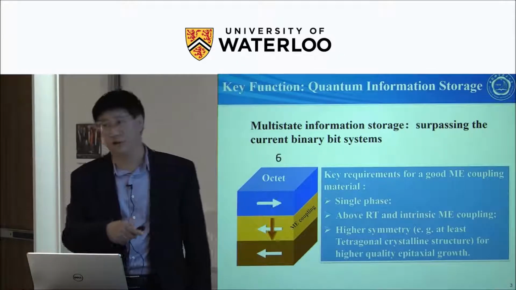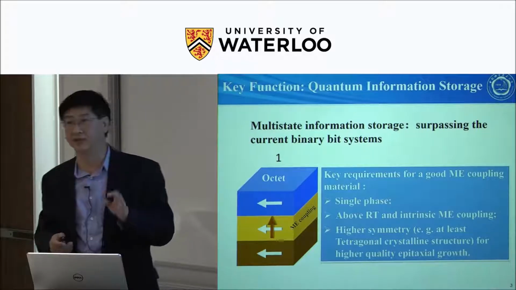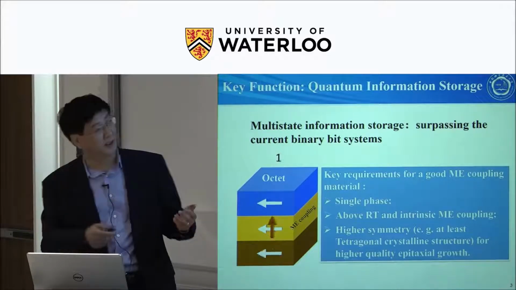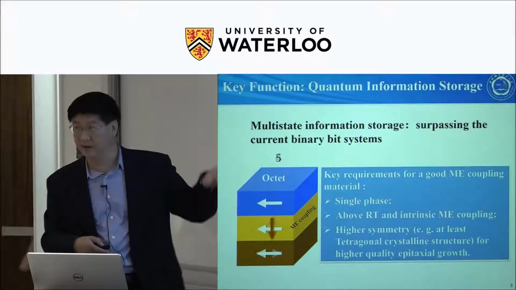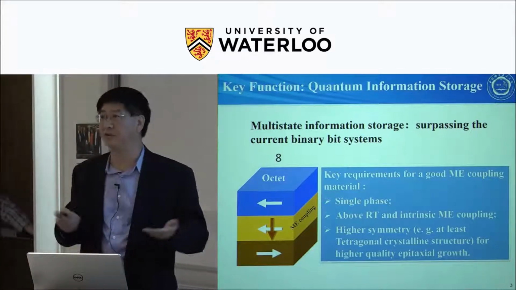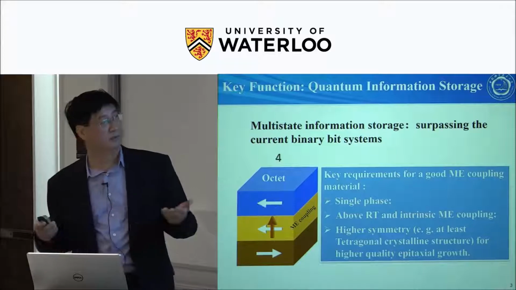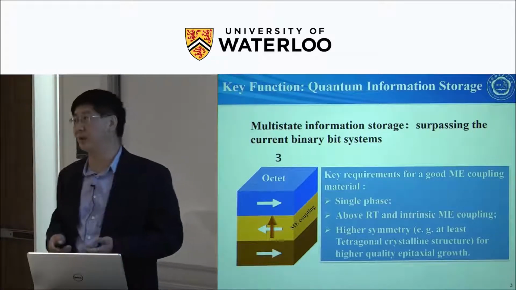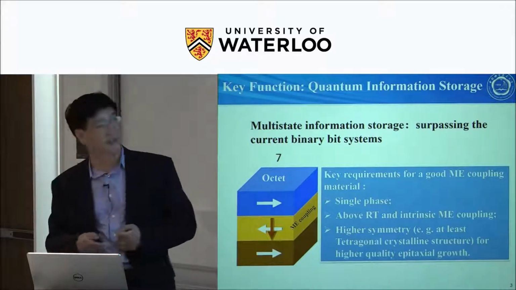For sure, this material needs to be single phase. You cannot use a multi-phase material. The second requirement is that this material has quantum properties at or above room temperature, so it functions at room temperature.